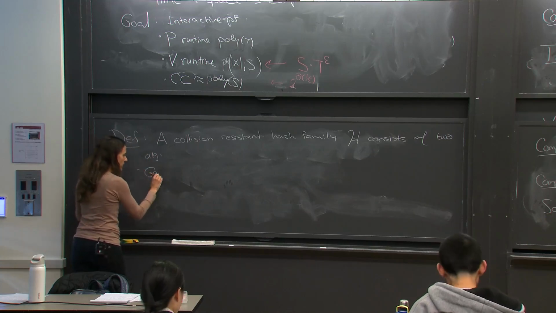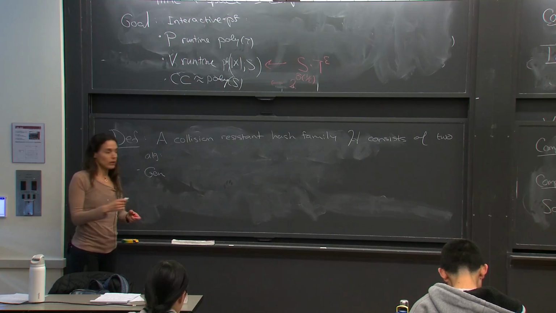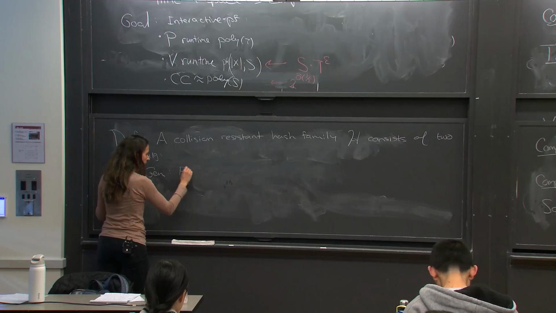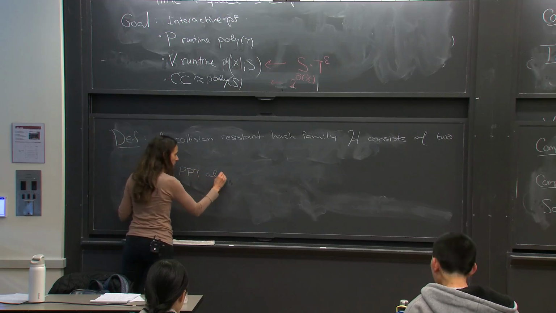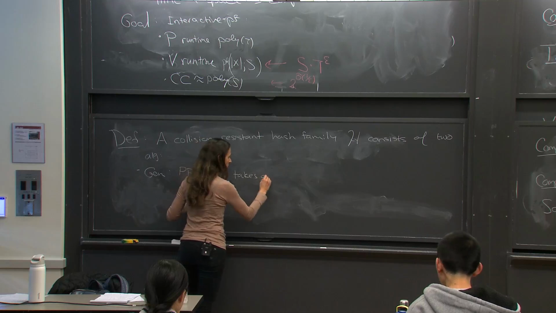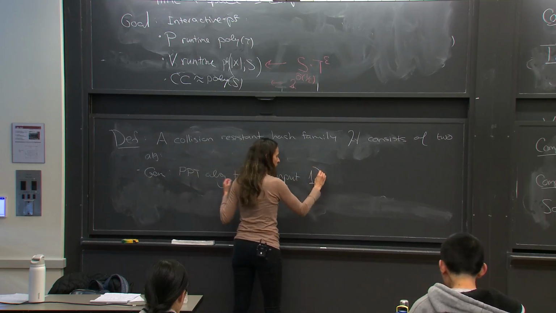First is Gen. Gen is an algorithm that generates a key to the hash function. Gen is a PPT, probabilistic polynomial time algorithm. It takes as input 1 to the security parameter.